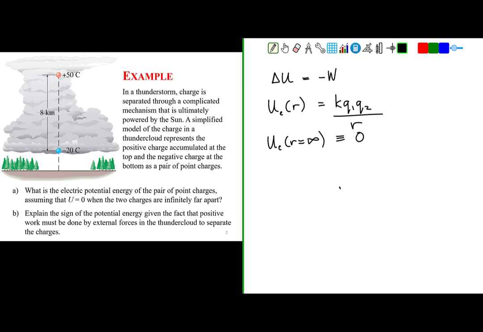If you remember when we derived the potential energy due to a pair of point charges, we had the potential energy at a point, I'll call point B, minus the potential energy at point A is equal to K Q1 Q2 over R at B minus K Q1 Q2 over R at A.